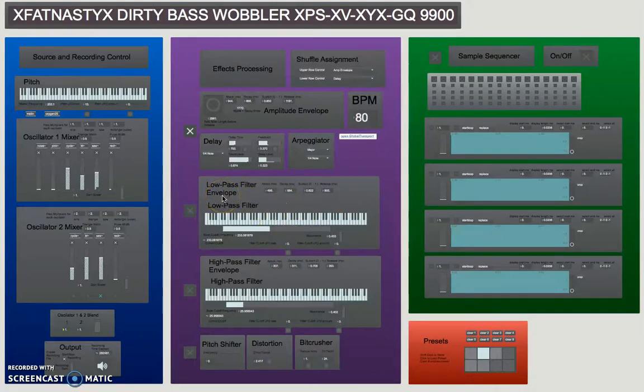The second bank of parameters are the ADSR of the low-pass filter envelope on the top row, and the parameters of the low-pass filter itself on the bottom row.